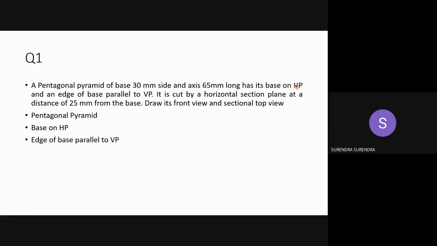The first three points represent the position and shape of the component. And coming to the section plane, the section plane position is given as parallel to HP, perpendicular to VP and 25 mm above HP.